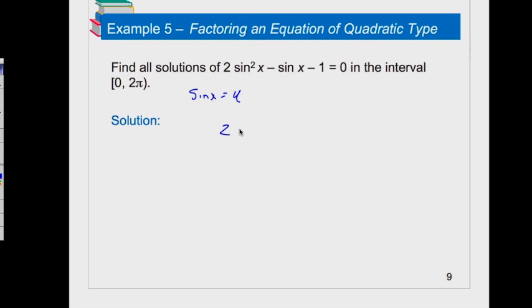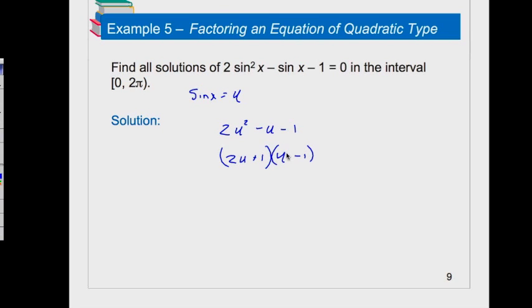So this will be 2u squared minus u minus 1. If I'm trying to just factor something like this, the factoring becomes a lot simpler because it's just going to end up being 2u plus 1 and u minus 1.